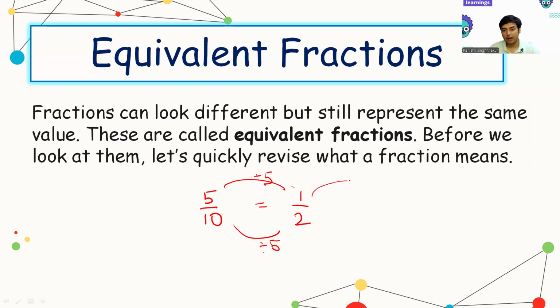Same with this 1 half: if you multiply the numerator and denominator by the same number, 5, you get 5 over 10. So this is what an equivalent fraction is. Equivalent fractions are fractions which look different, but actually represent the same quantity. That's what it is.